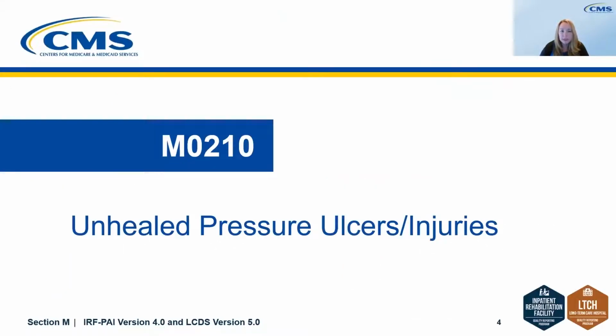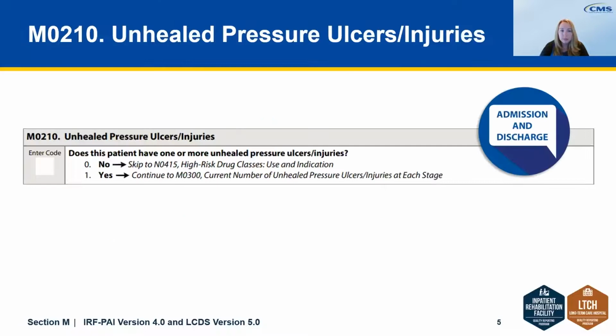Let's begin by reviewing the item M0210, unhealed pressure ulcers and injuries. M0210 is a gateway item that identifies if the patient has one or more unhealed pressure ulcers or injuries present.